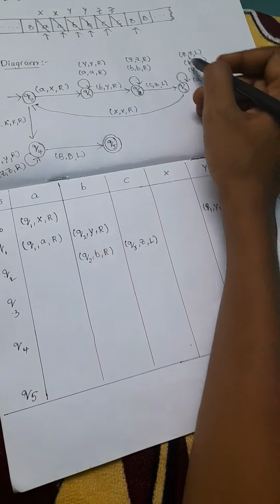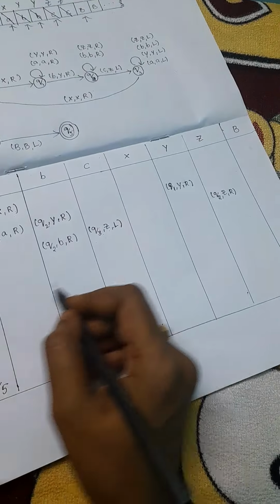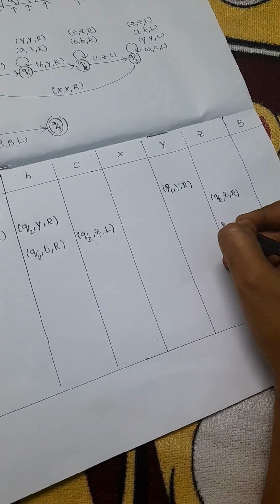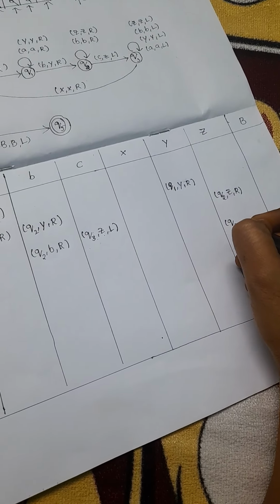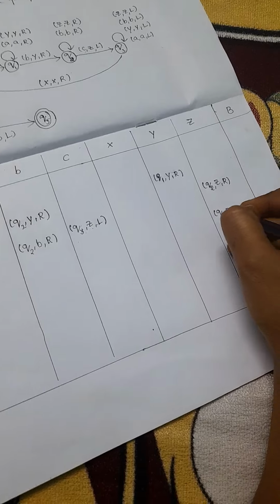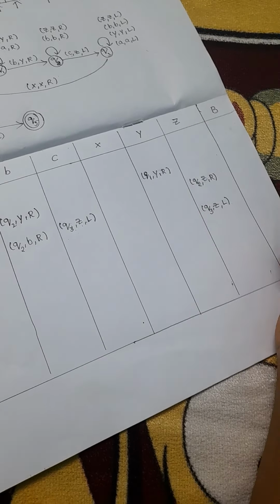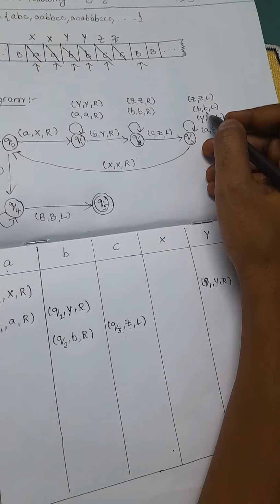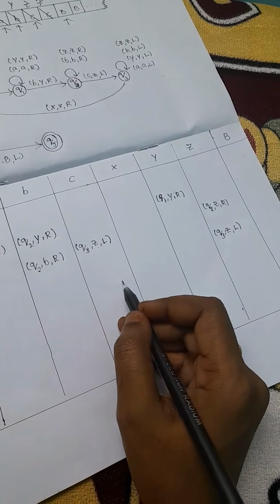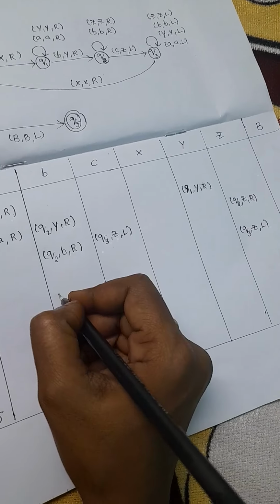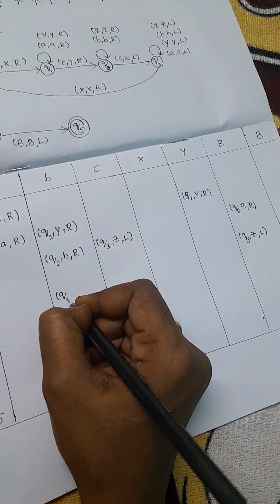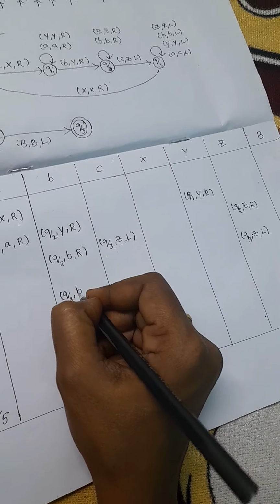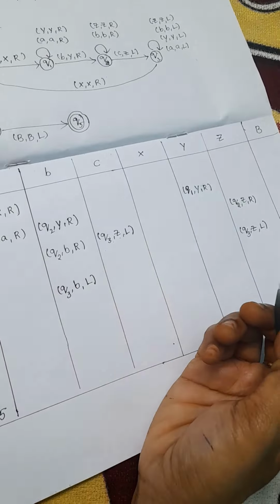Q3 state, first one Z, Q3 Z means self loop. Since it is a self loop, Q3 Z remains Z, move left. Next one is B, Q3 state, B here. Self loop, so Q3 remains Q3 only, B remains B, we need to move left.